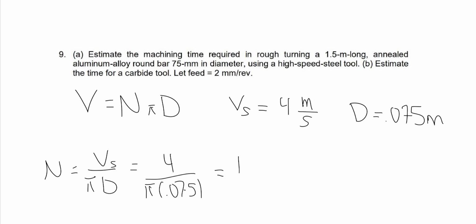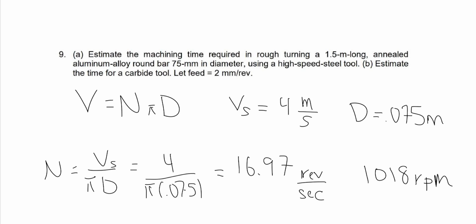So we're going to get 16.97 rev per second. To get that to RPM, we multiply that value by 60. There's 60 seconds in 1 minute. Therefore, we obtain an RPM of 1018 RPM.